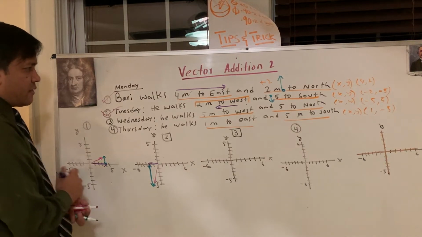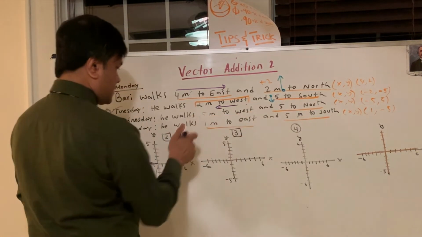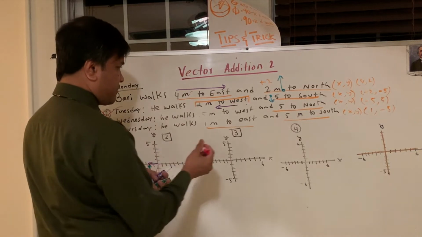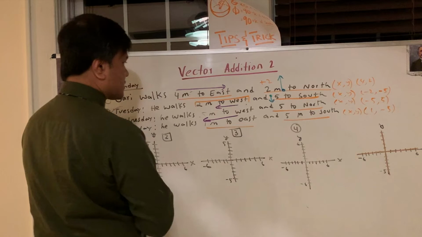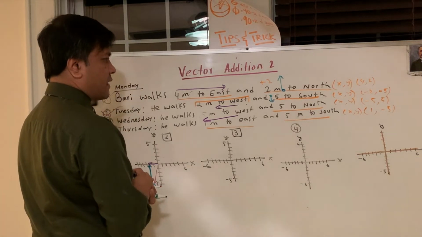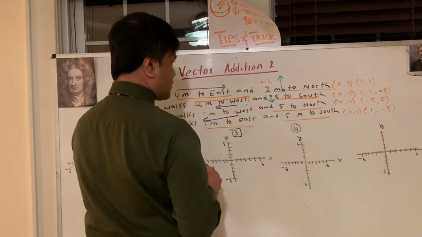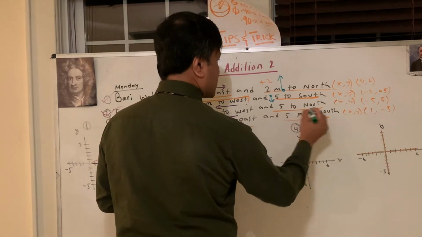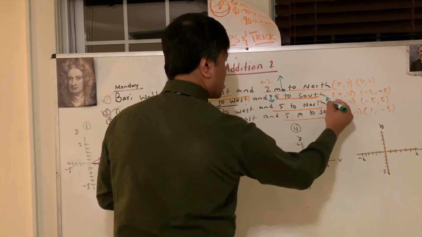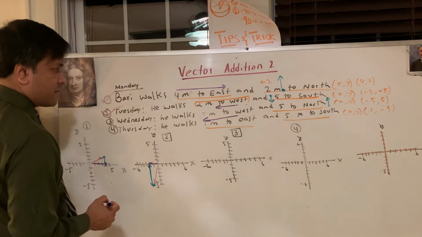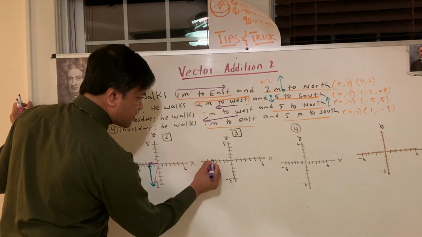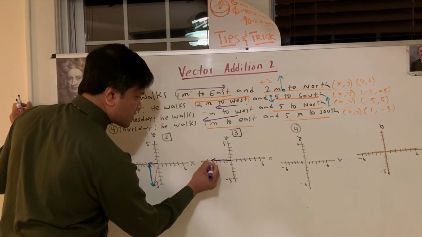Now, I'm going to do vector number 3. 5 meter to the west would be like that. And 5 meter to the north would be this. Alright, so now I'm going to first draw the x one, 5 meter to the west.